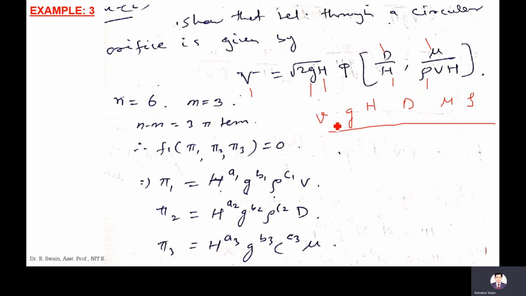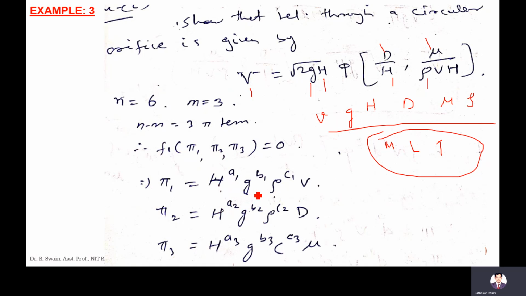All these variables depend upon mass, L and T, so total independent dimensions is 3. So n minus m means 3 pi terms, 3 non-dimensional groups, pi 1, pi 2, pi 3. In each group write the repeating variables and one of the non-repeating variables. You have to take a geometric variable like h.